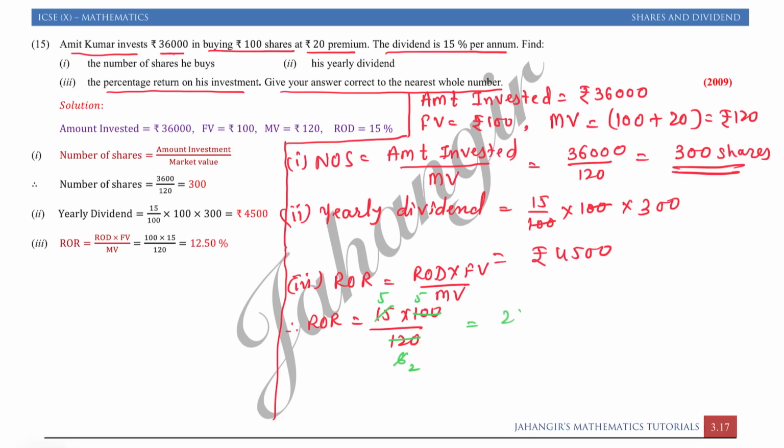So that is 25 upon 2, which is equal to 12.50%. I will always write decimals of 2 digits after decimals. You can write 12.5, but better you write 12.50%.